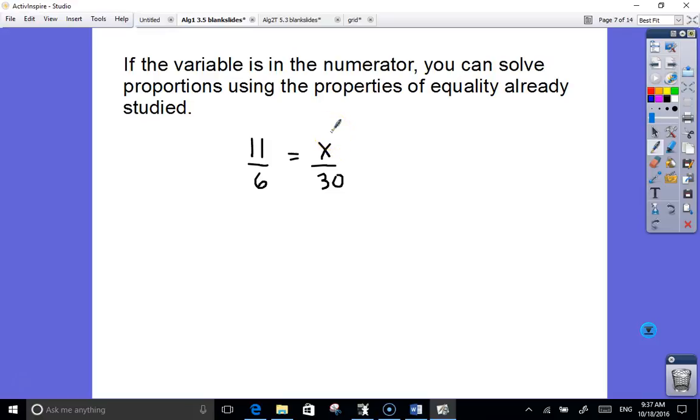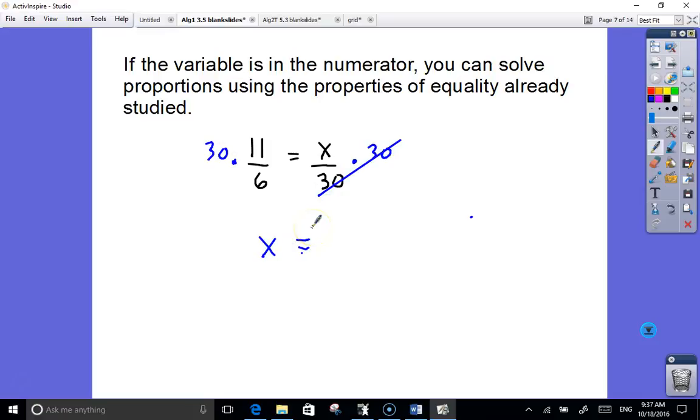Why is it not isolated? It's being divided by 30. Okay, how do you undo a divide by 30? Multiply by 30. So in one step, you're going to multiply times 30 there and multiply times 30 there. Okay, on this side, the 30s cancel, and I just have x.